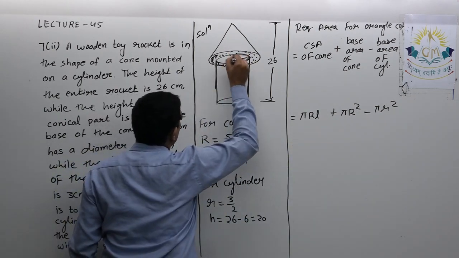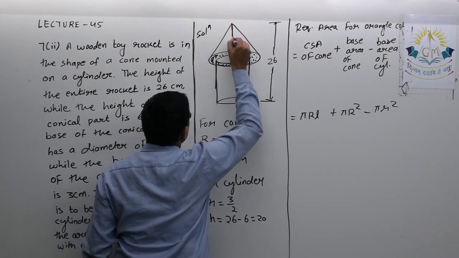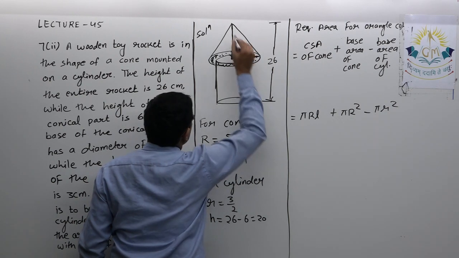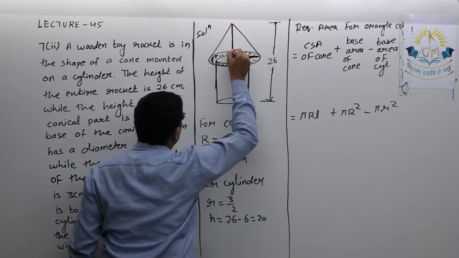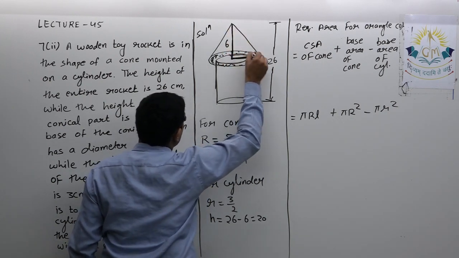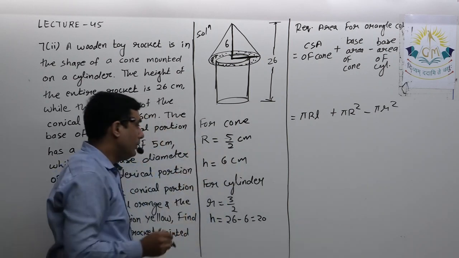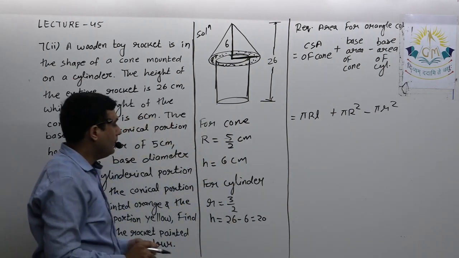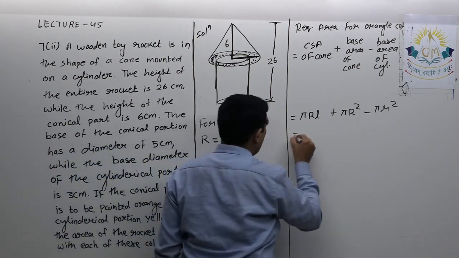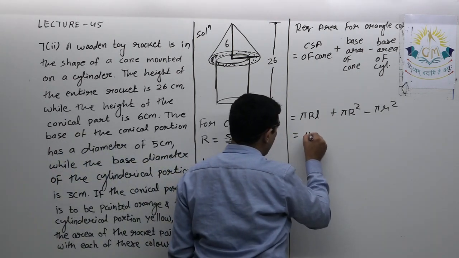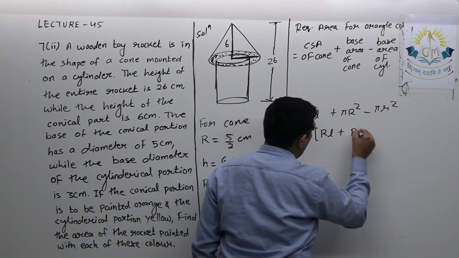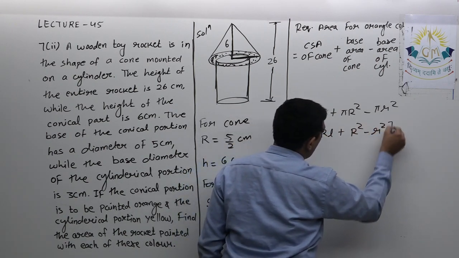So first of all, we have to obtain the slant height of the cone. For this, the height of the cone is given as 6 and the radius of the cone is given as 2.5, so I have to calculate that to put the value over here. So here I am writing, first I am taking pi common, capital R L plus R square minus r square.